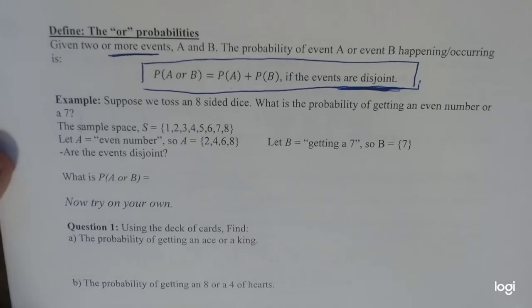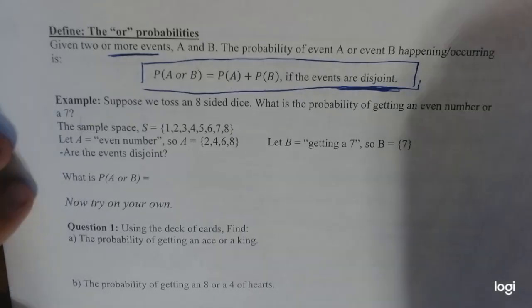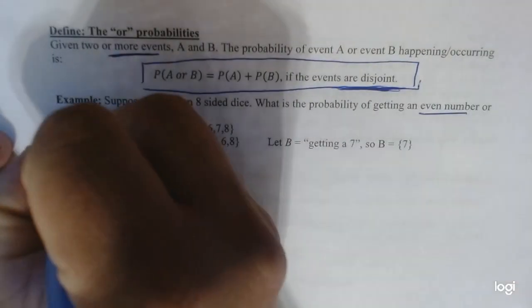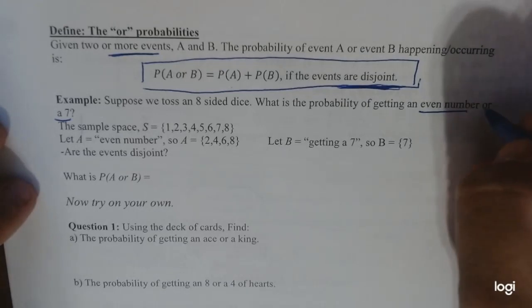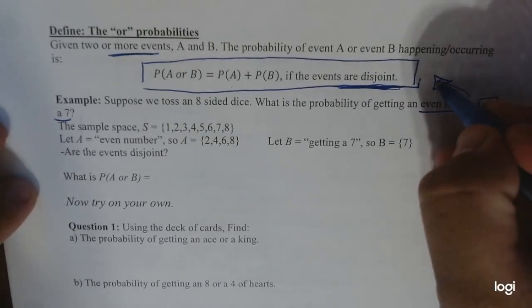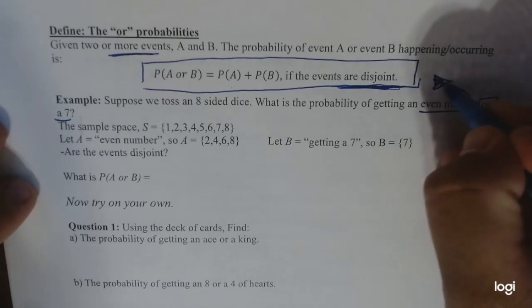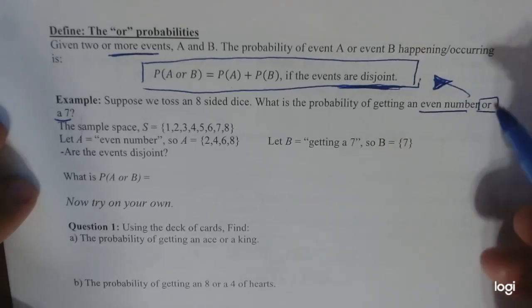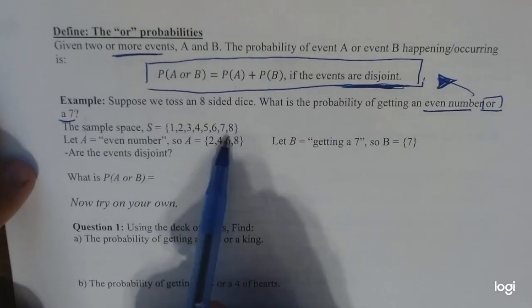Here's another example. Suppose we toss an 8-sided die. What is the probability of getting an even number or a 7? Key term: or. We have to identify if the events are disjoint. Our sample space is the numbers 1 through 8.